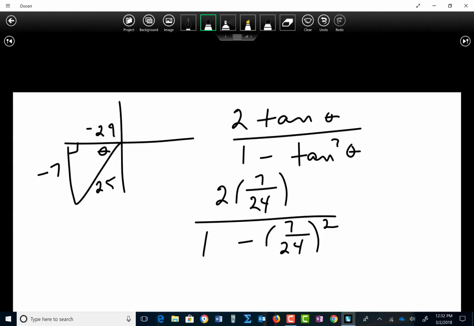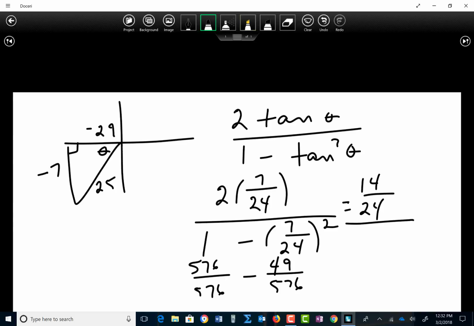So 2 times 7 over 24 would be 14 over 24. 7 over 24 squared would be 49 over 576. 576 is the denominator, so I could turn the 1 into 576 over 576, or use my calculator. 576 minus 49 would be 527 over 576.